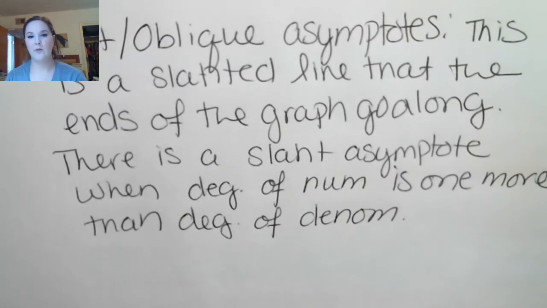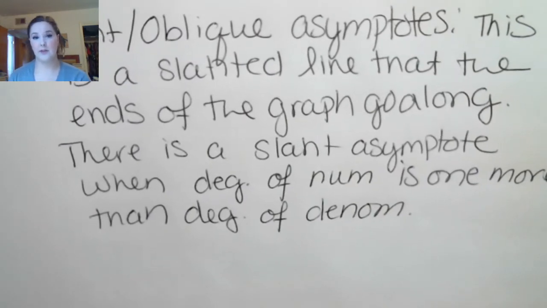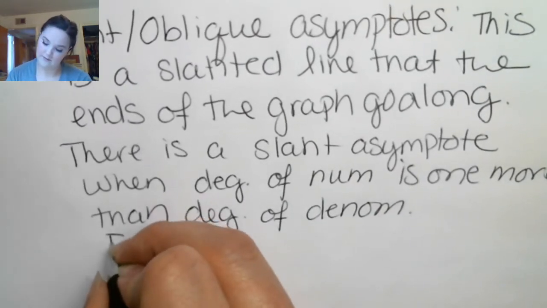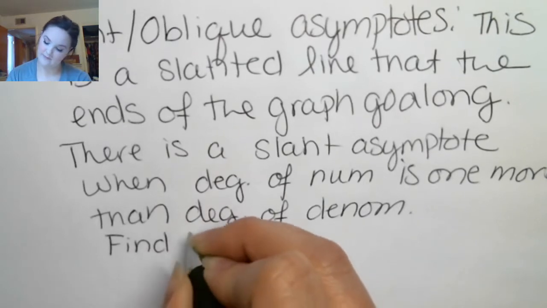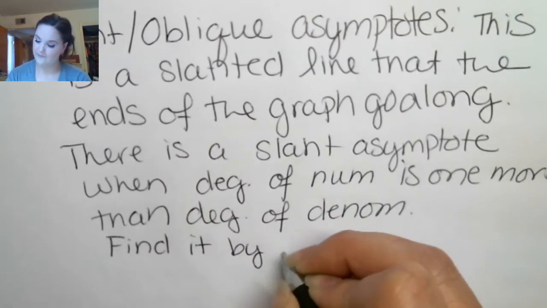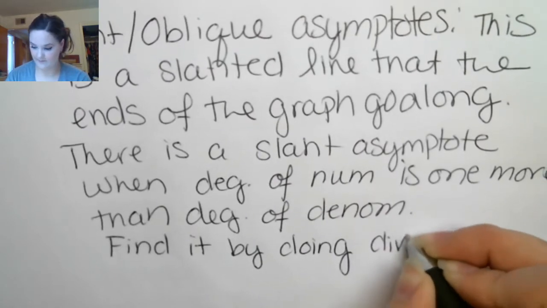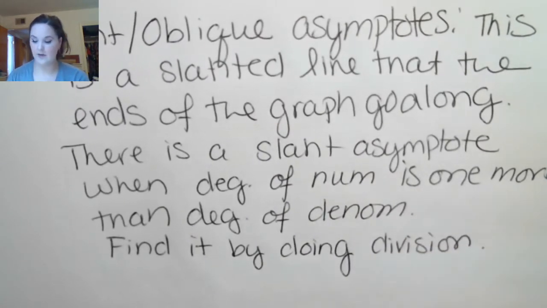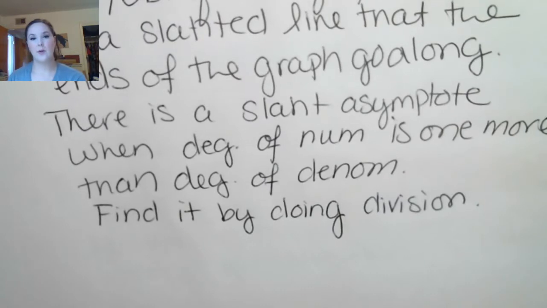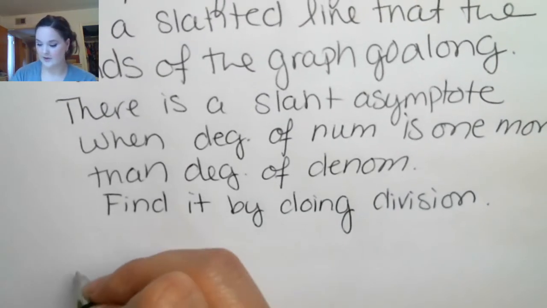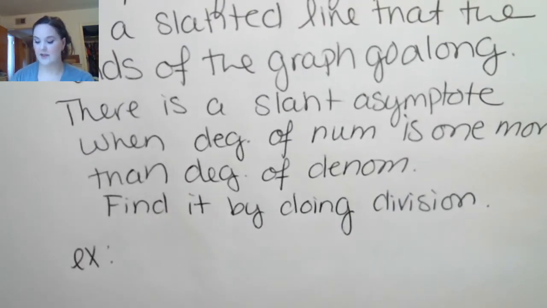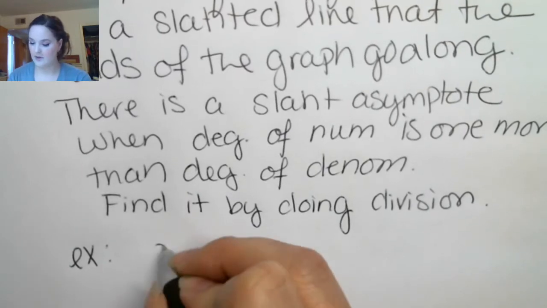Okay, and you actually find it by doing division. Okay, so we'll just do an example of not actually finding it, but an example of something that does have a slant asymptote.